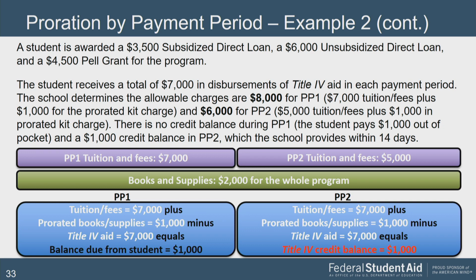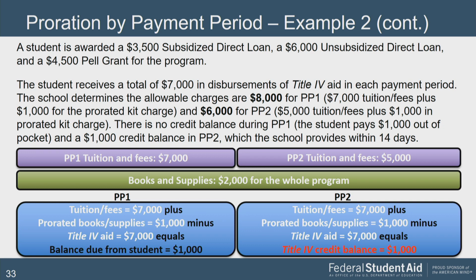And that includes the $7,000 of tuition we talked about that wasn't prorated, right? Plus the kit charge, which we have to prorate here. So the kit charge was $2,000. We're prorating $1,000 into that first payment period for total allowable charges of $8,000 for payment period number 1.